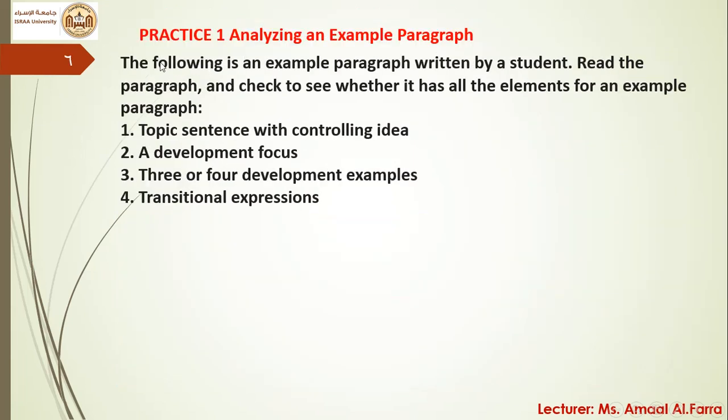Let's see this activity, practice 1, analyzing an example paragraph. The following is an example paragraph written by a student. Read the paragraph and check to see whether it has all the elements for an example paragraph.